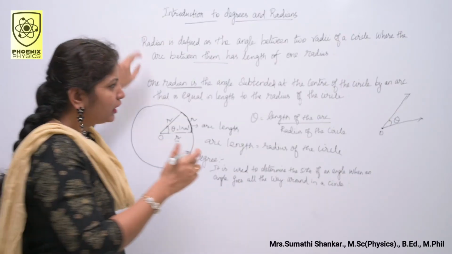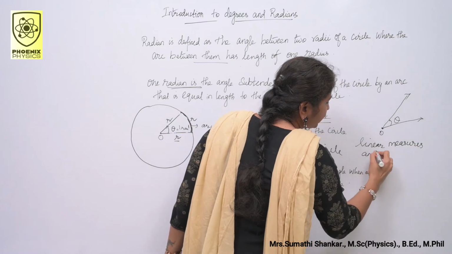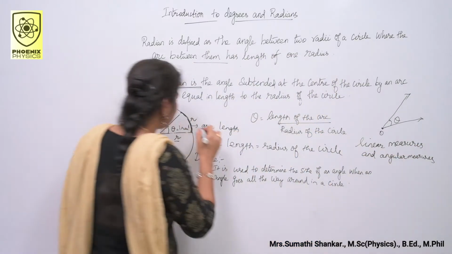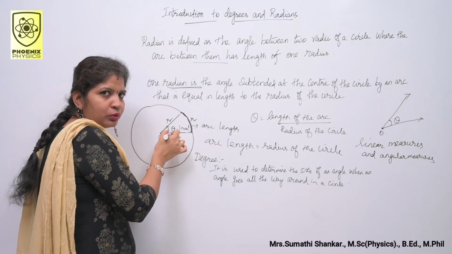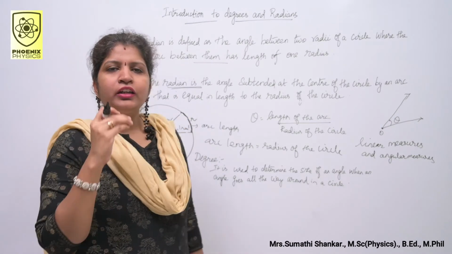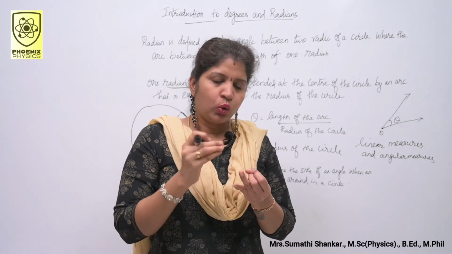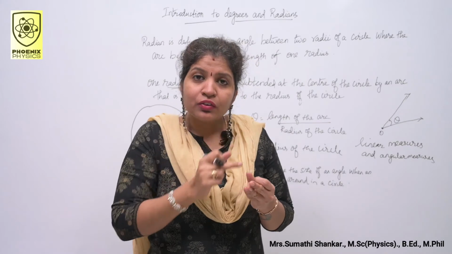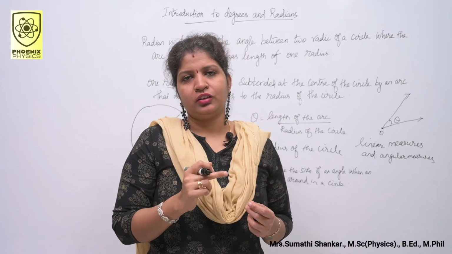So radian is possible to relate a linear measure and an angular measure. Here this one is linear measure and this one is angular measure. It is used in measuring area, volume, circumference of the circle, then surface area of the sphere.